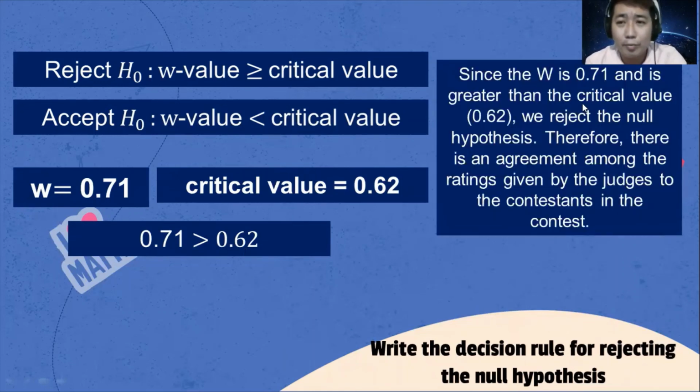Therefore, since W is 0.71 and is greater than the critical value 0.62, we reject the null hypothesis. Therefore, there is an agreement among the ratings given by the judges to the contestants in the contest. That means there is an agreement among the judges on who they want to win the contest.